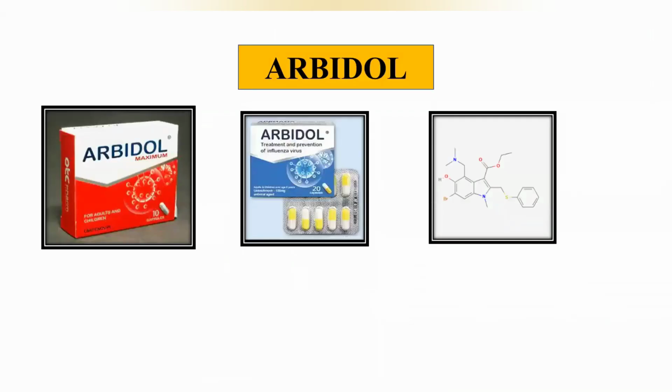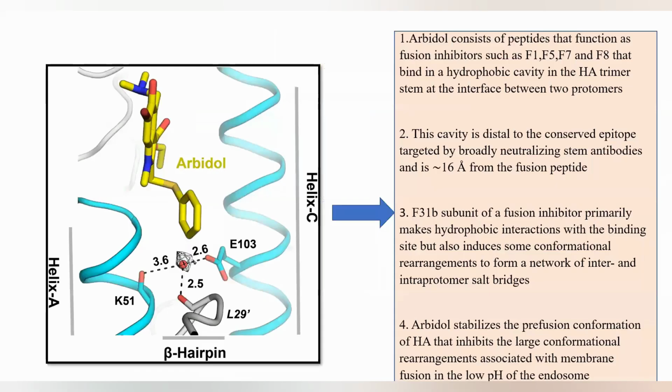Moving forward, Arbidol. Arbidol is one of the most successful fusion inhibitors, which has been incorporated into drugs successfully on the market to combat influenza virus, and it's one of the most successful feats by the scientist community themselves. So applause to them.